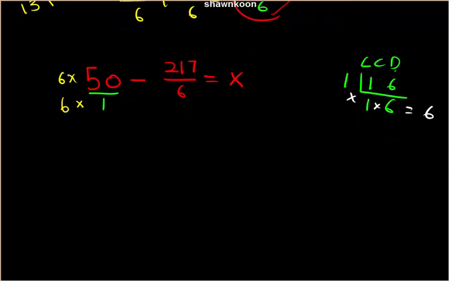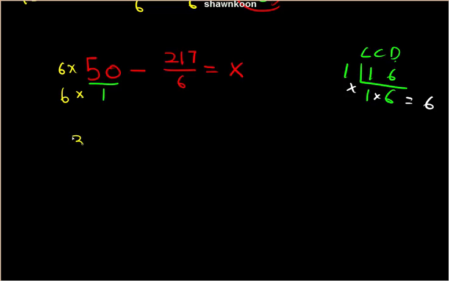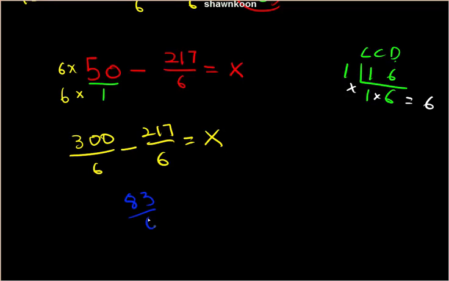If we do that, we get 300 on top and 6 on the bottom, minus 217 over 6 equals x. 300 minus 217 is equal to 83 over 6. So x is equal to 83 over 6.